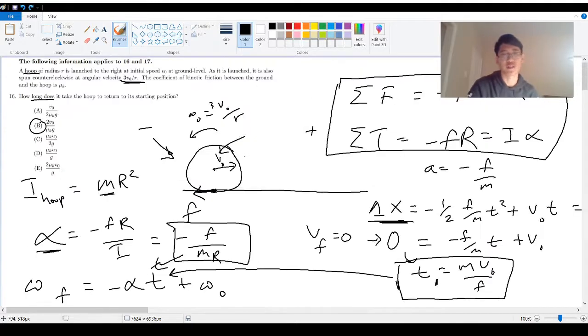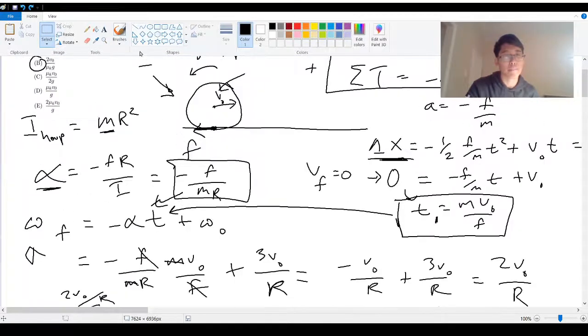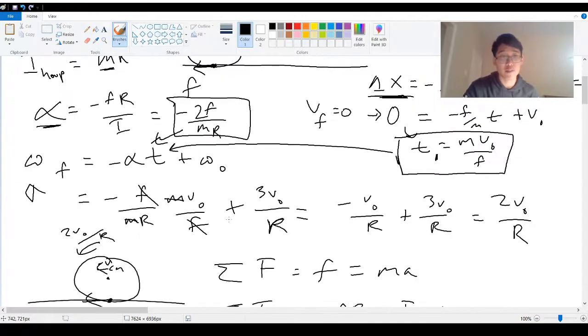It's 2 times what was originally there. And what this means is that right here there's also a 2 in front. So basically the angular velocity is slowing down a lot faster than it was previously.